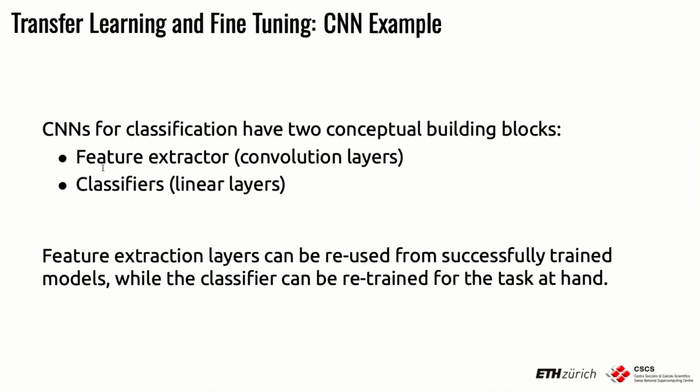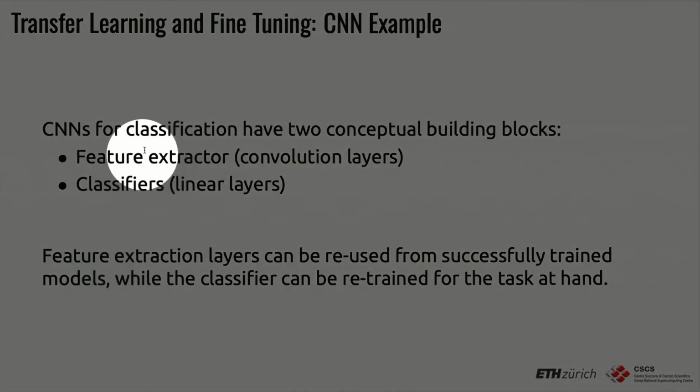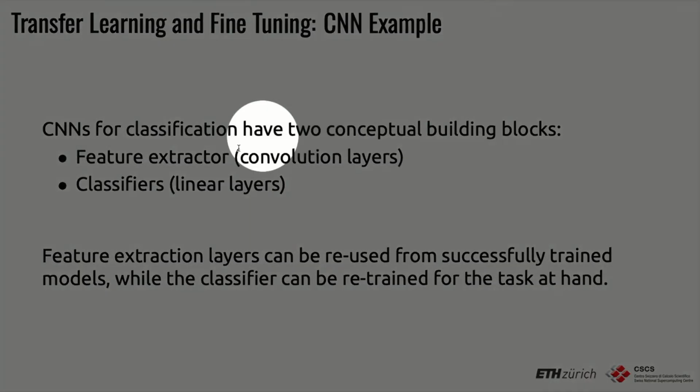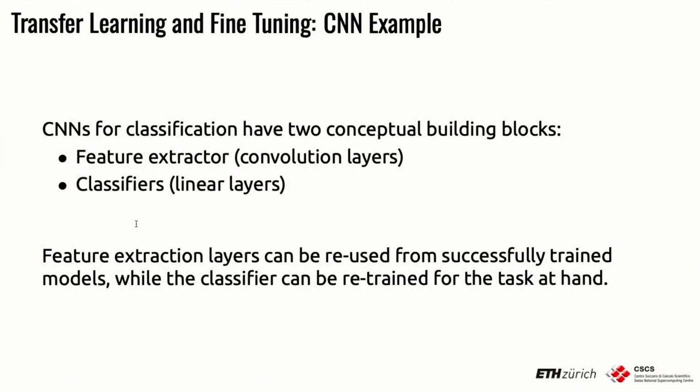So they extract some important features from the image as the convolutional filters are learned. And then you flatten all these features, and then you use a feed-forward neural network to classify. So essentially, these two building blocks are quite distinct. One extracts features from images, and the other uses those features to do a classification task.